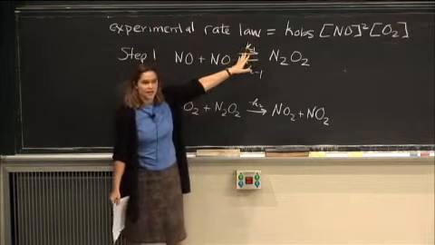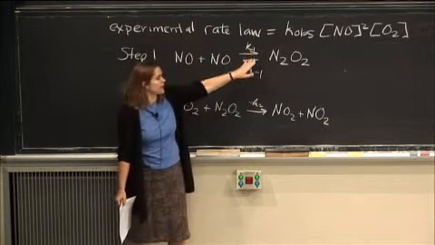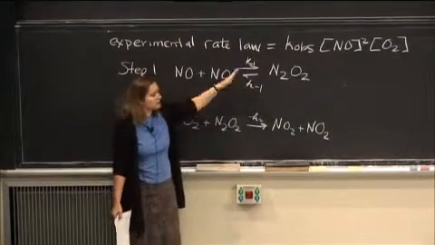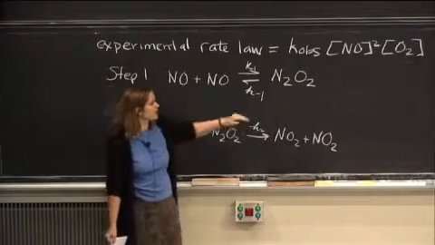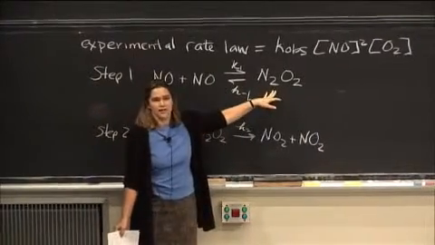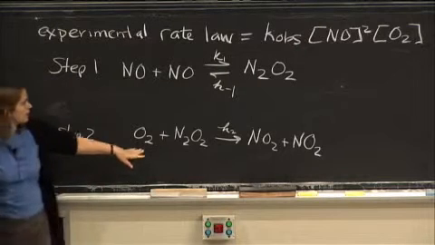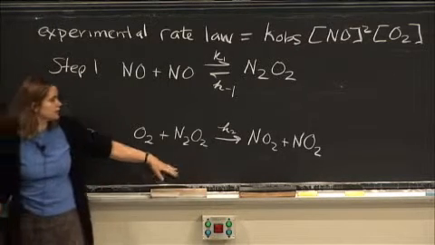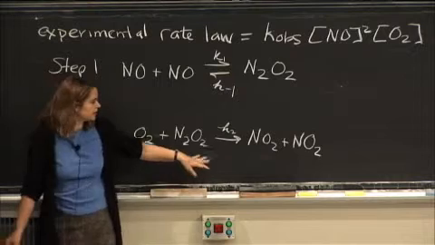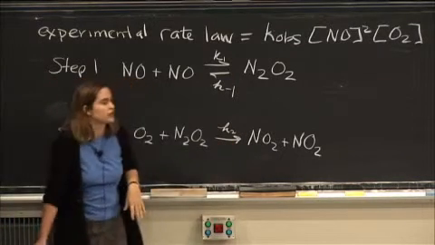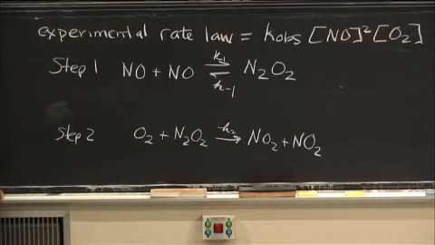There's a little rate constant K1 above the first arrow. And for the reverse direction, we have K minus 1. So this is written as a reversible reaction. And it's forming an intermediate N2O2. In the second step, we have the O2 coming in, reacting with that intermediate with a rate constant K2. And it's forming two molecules of NO2.